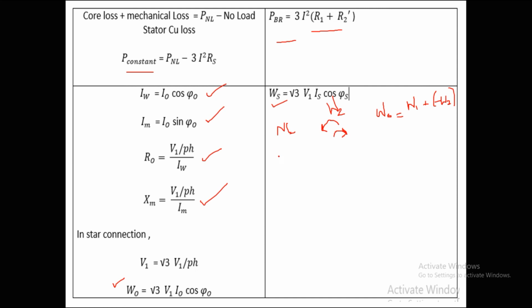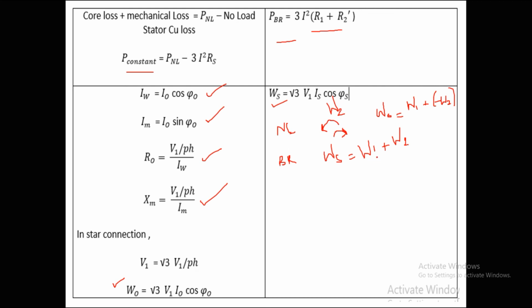And at the time of conducting the blocked rotor test, we have WS as W1 plus W2, because here we are starting the machine with the full load on the rotor, so we can expect a higher power factor at the time of giving supply to the machine.